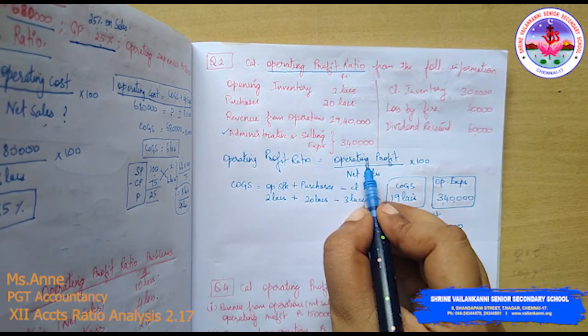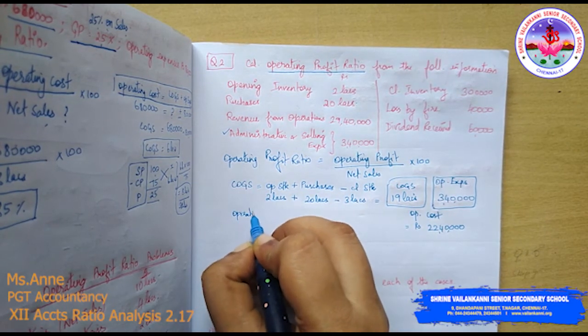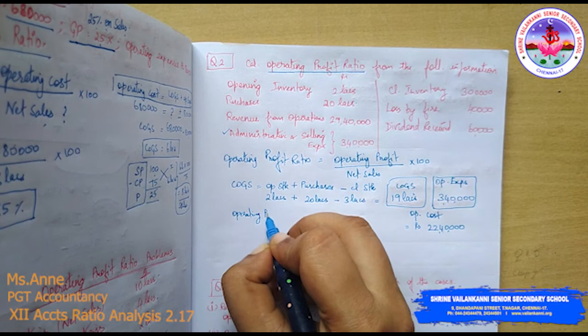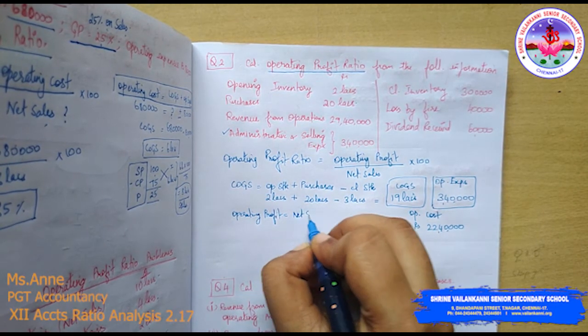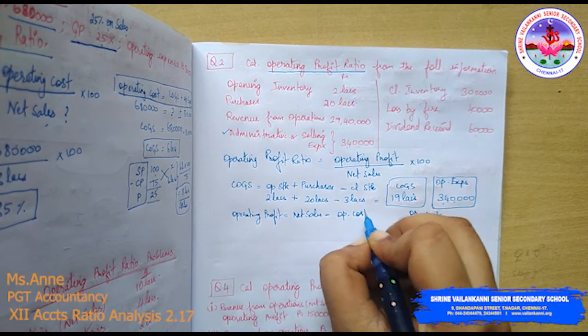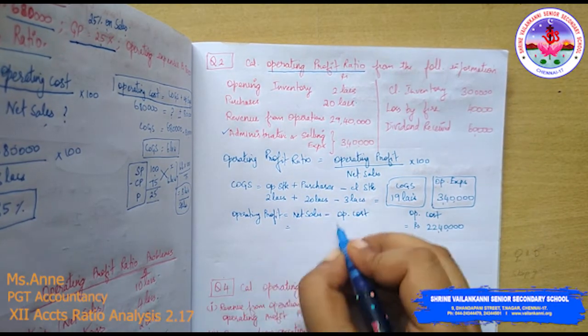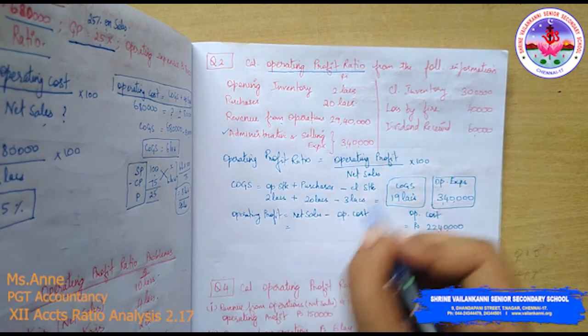What you need is your operating profit. Operating profit is equal to net sales minus operating cost. Now net sales, we have revenue from operations, there is no sales given.